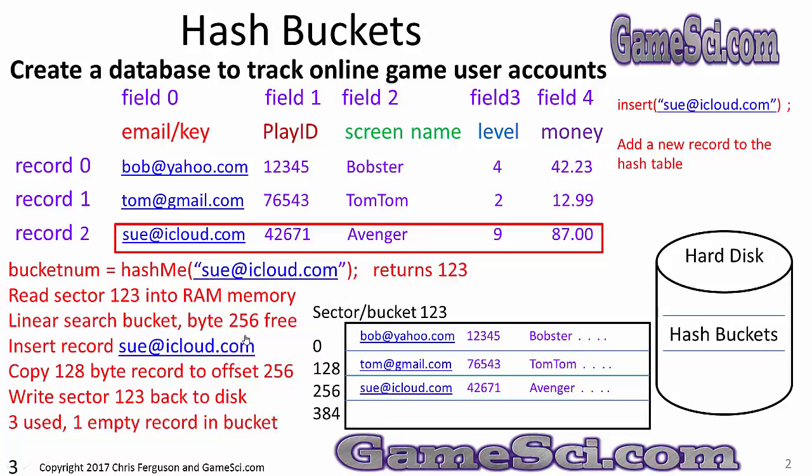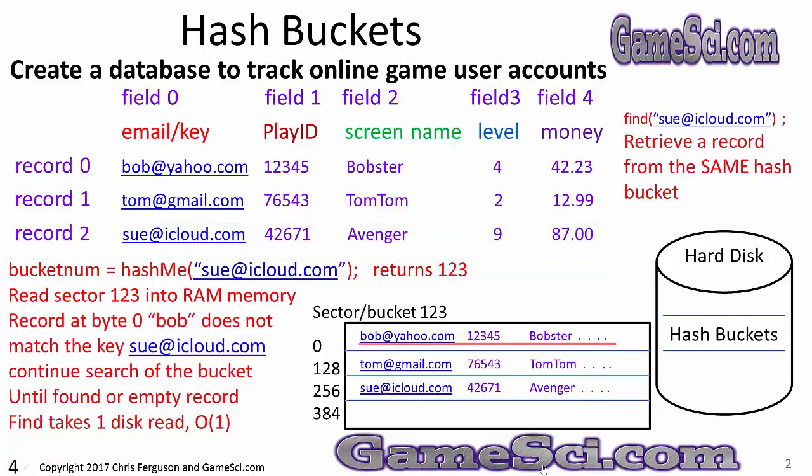We'll linear search the bucket and find byte 256 free. Cannot insert Sue here, it's occupied. Cannot insert Sue here, it's occupied. When I get to byte 256, I see a bunch of spaces. I insert Sue at that location, byte 256. Once I've inserted the record into my bucket in RAM memory, I write it back out to disk, to sector 123. What you'll notice here is my bucket has 3 used records and 1 empty record.